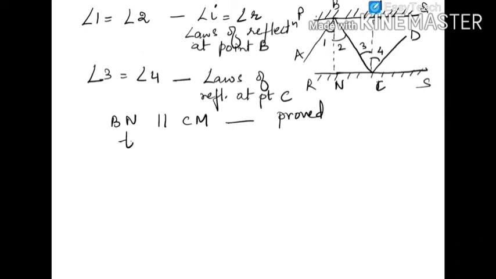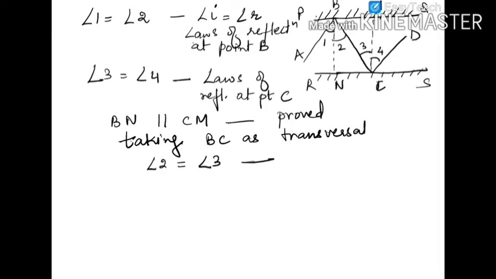So taking BC as transversal, angle 2 will be equal to angle 3 because they form alternate interior angles.